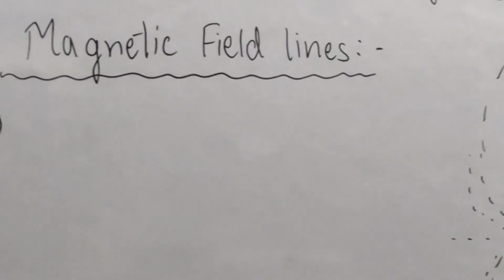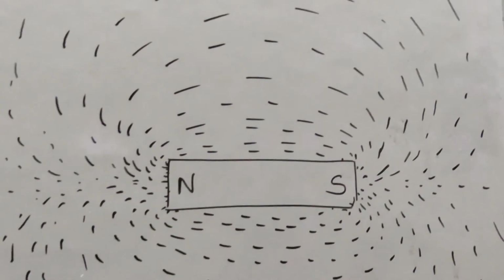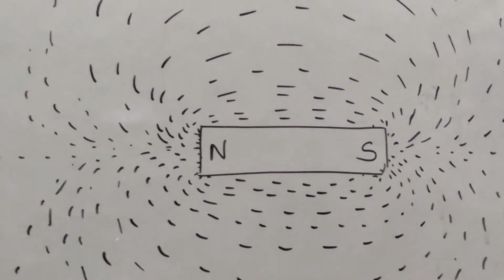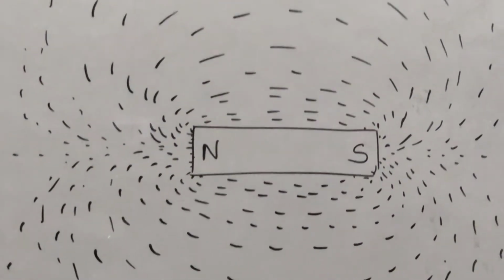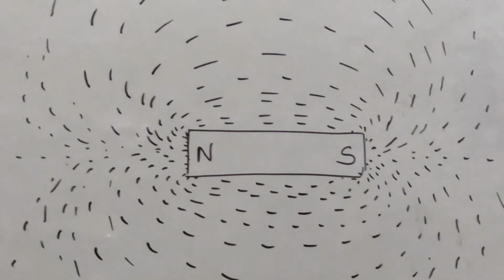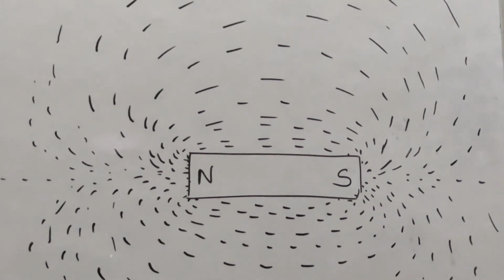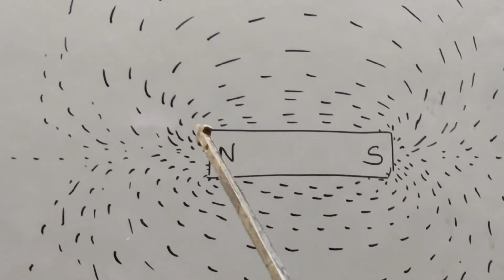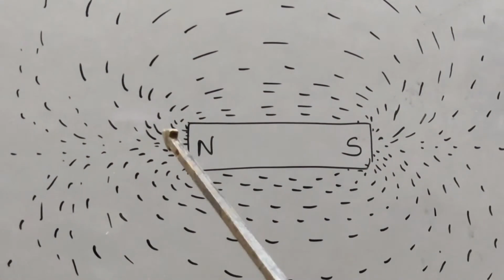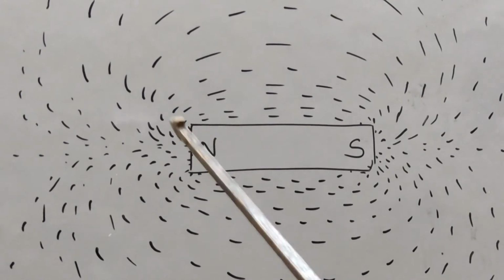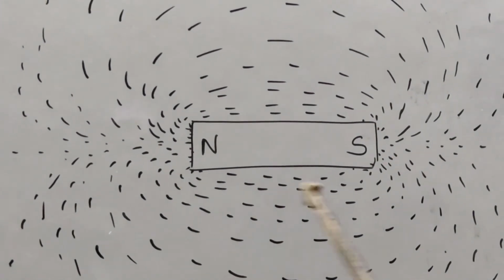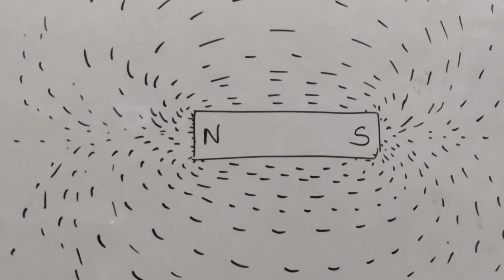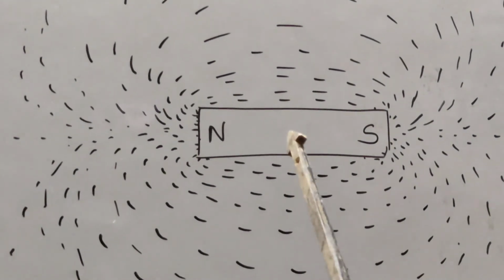In case of a bar magnet, we have seen that iron fillings align themselves in this pattern, along these lines, right? So these lines along which iron fillings align themselves are called magnetic field lines for this bar magnet.